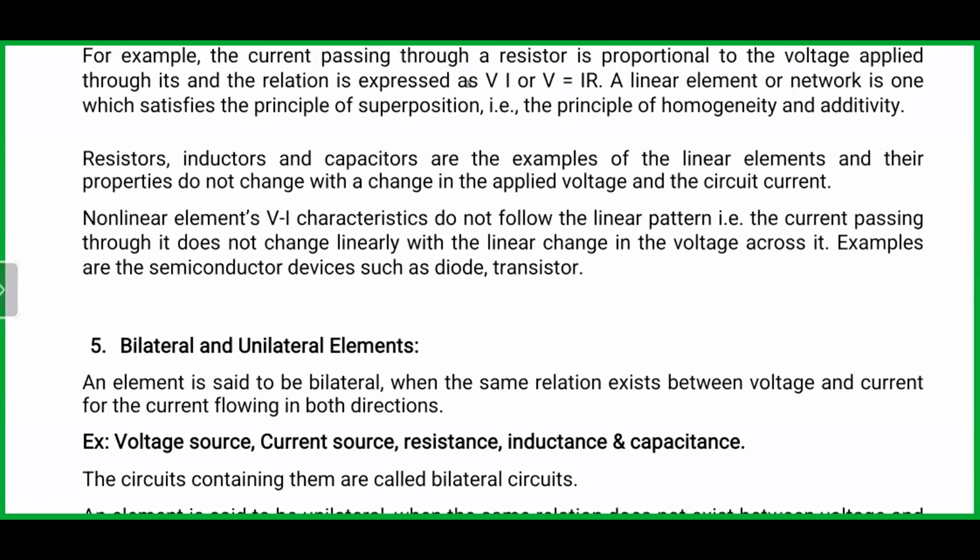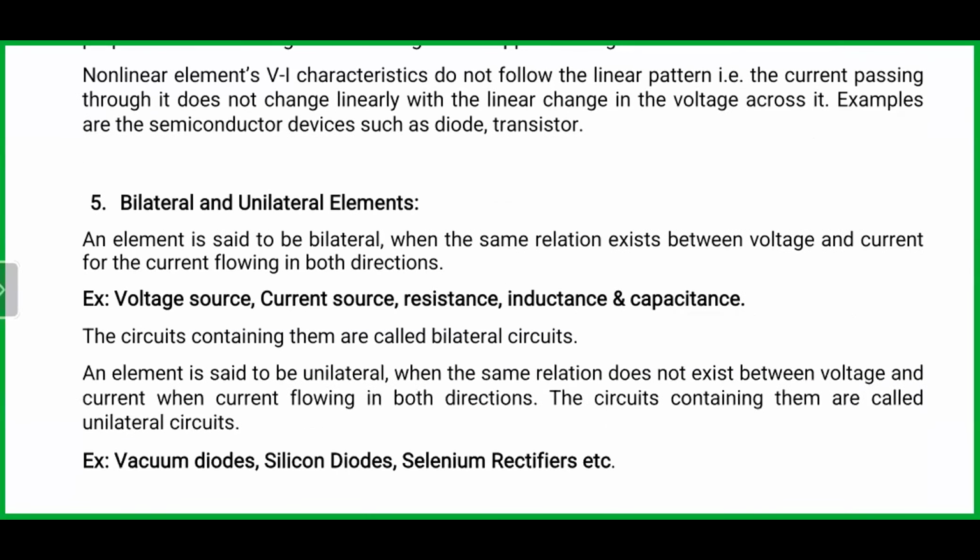Then we move on to bilateral and unilateral elements. An element is said to be bilateral when the same relation exists between voltage and current for the current flowing in both directions. We have voltage source, current source, resistance, inductance, and capacitance.